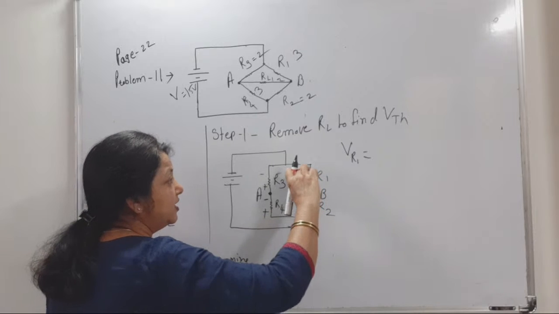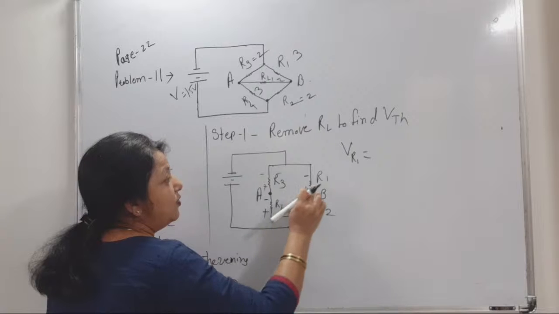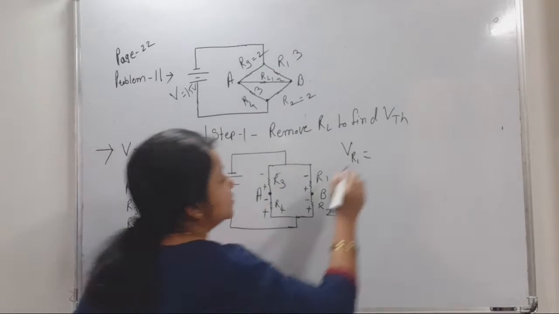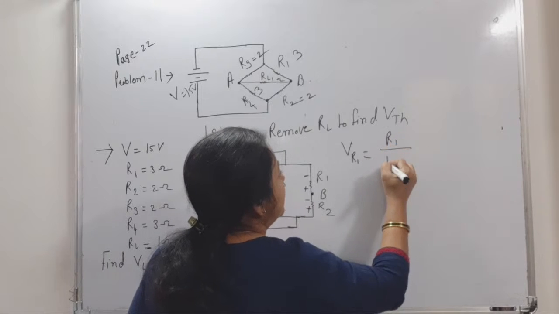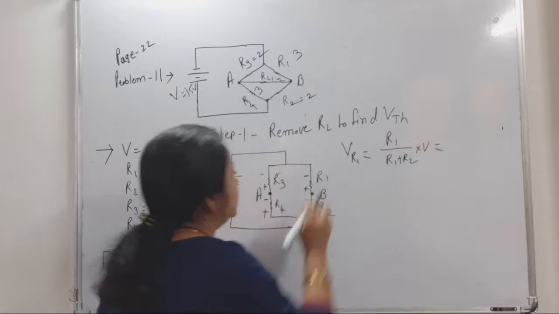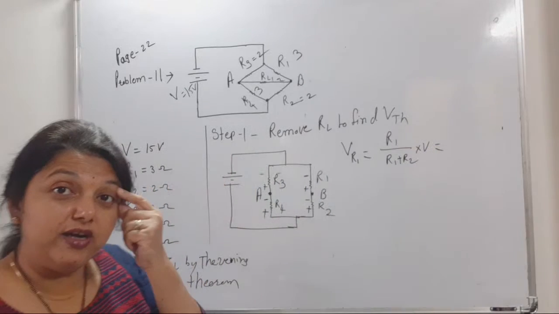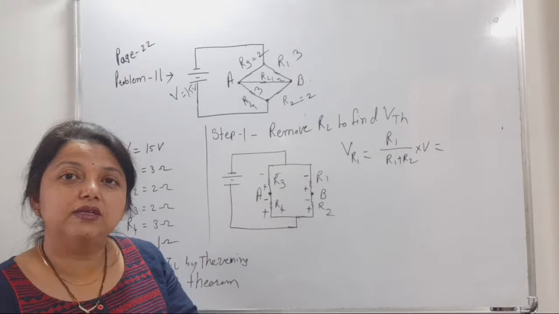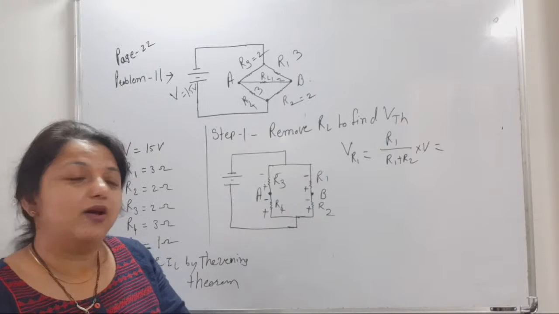To find out the potential drop across R1, we have to write R1 upon R1 plus R2 into V. So, we have to write R1 upon R1 plus R2 into V. Therefore, what is the value of VR1? Do you understand, all of you? Okay.